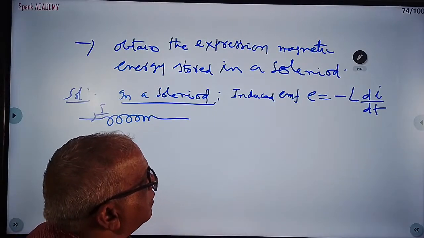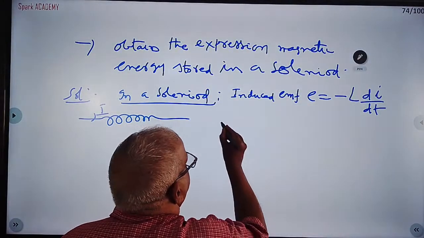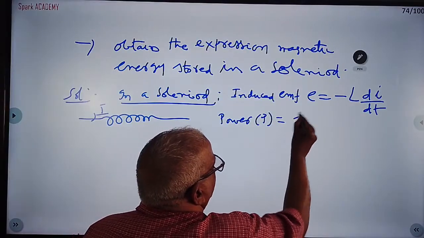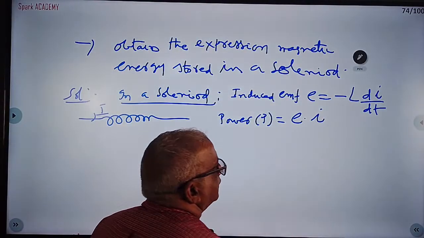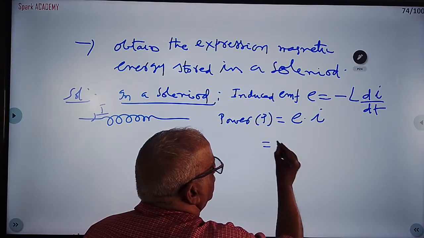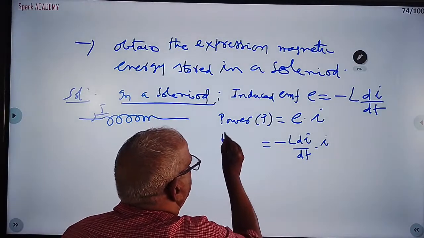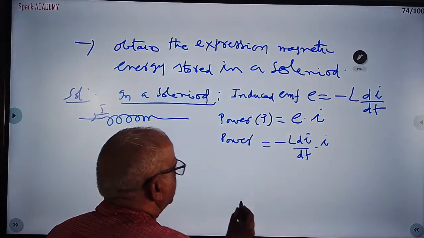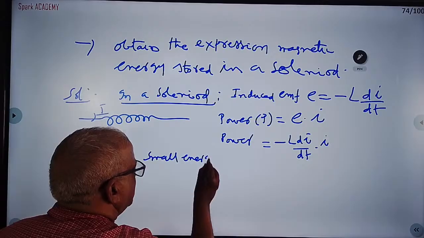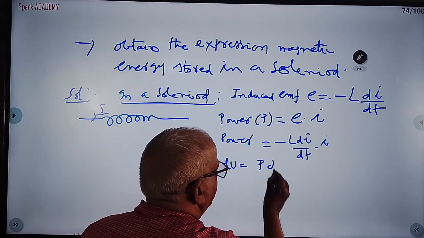Power P is nothing but induced EMF into current, voltage into current. Therefore you get L di by dt into I. This is power. What is energy now? Small energy dU is nothing but power into dt.